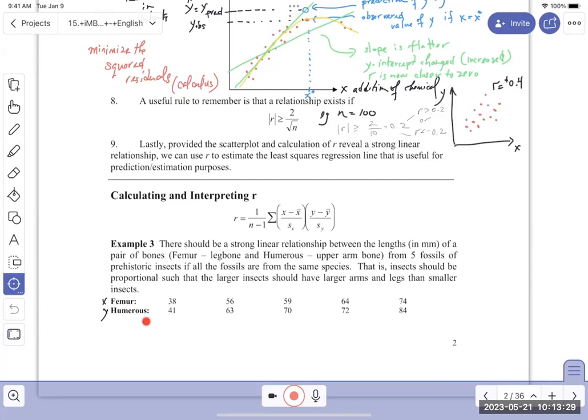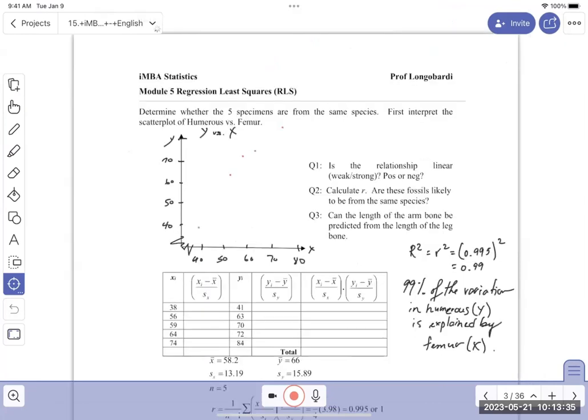Y was the humerus, the arm bone. And the arm bone is longer than the leg bone.